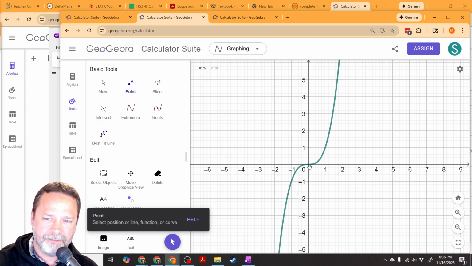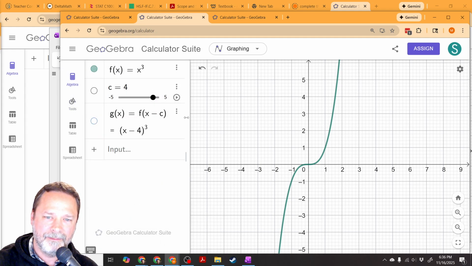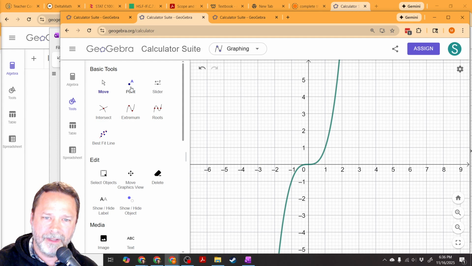I know I usually have a point at 0, 0, but now it's x minus 4 cubed. So now I know I have a point at 4, 0, and it's going to be like a parabola from there. And then I know, if that's my new 0, 0, move over 1, 1 cubed is 1. Move back 1, negative 1 cubed is negative 1. It's really easy to take what I know about this graph and just shift everything over to the right.